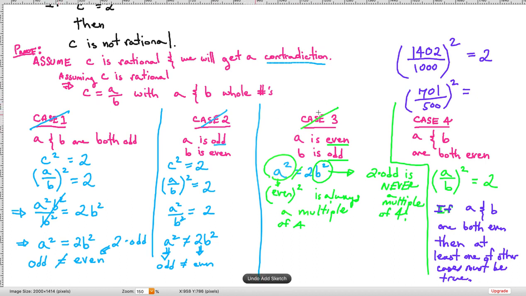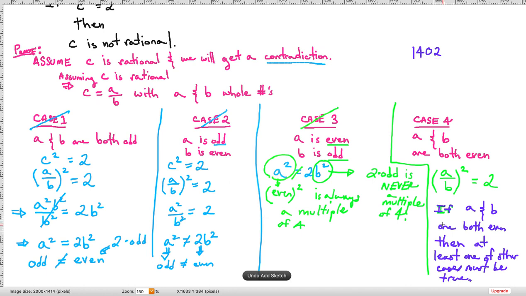Now, it's easier to see this as long as you convince yourself of this statement in blue. If you convince yourself of this statement, then it's easiest to see how we're pretty much done. Because now you want to write the contrapositive of this statement.